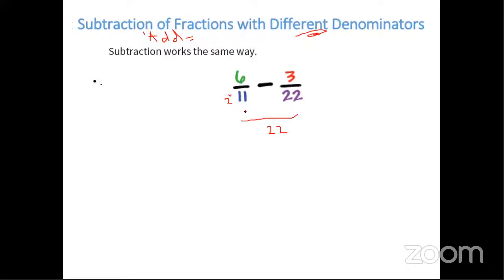Then 22 divided by 22, that is 1, then times 3, that is 3. Then 12 minus 3, that is 9 out of 22. Yes. Thank you very much.